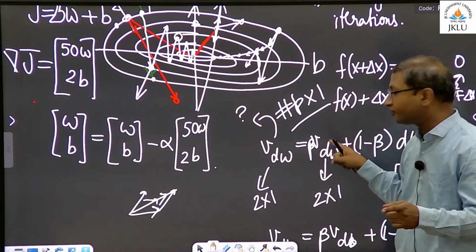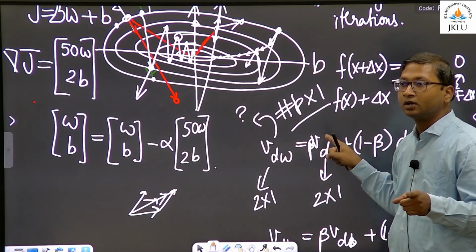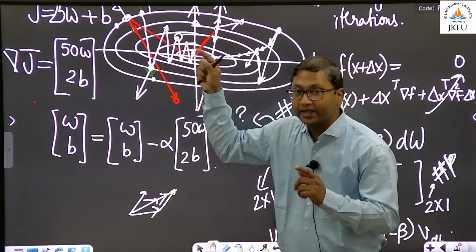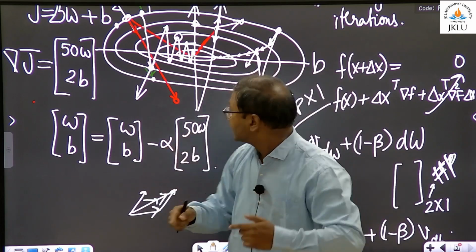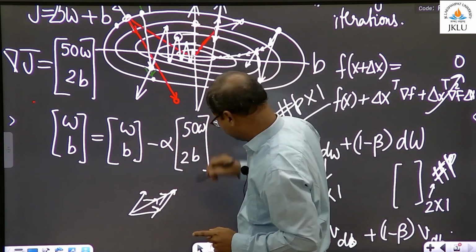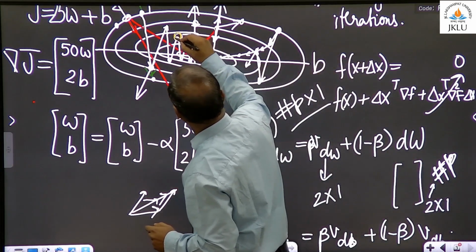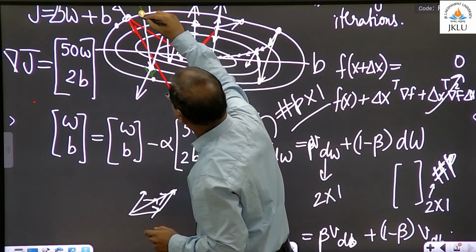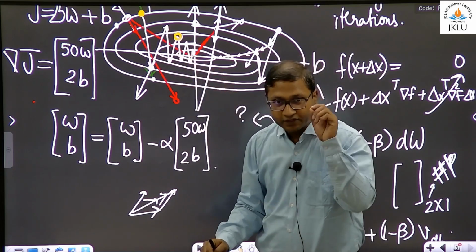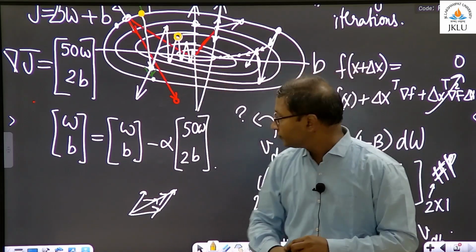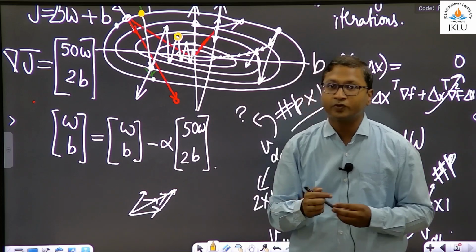Why did I say roughly your VDW and not exactly VDW? Because you are not summing them directly. You are having coefficients called beta. If you are here and you came from here, of these four gradients, which one will contribute the most?